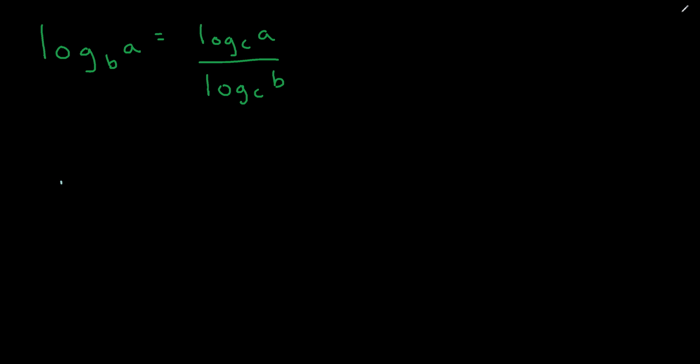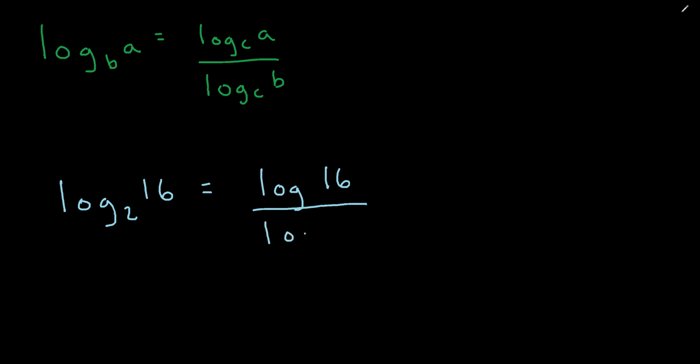Let's say we have the log base 2 of 16. If we wanted to rewrite this using the change of base formula, we would write it as log base something of 16 divided by log base something of 2.